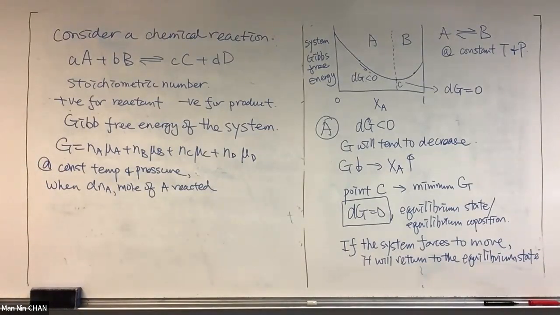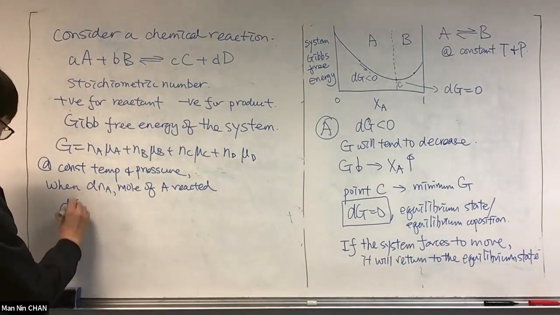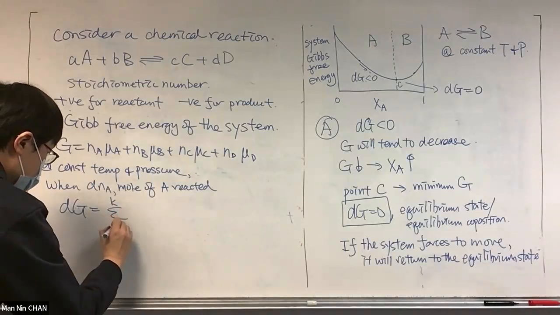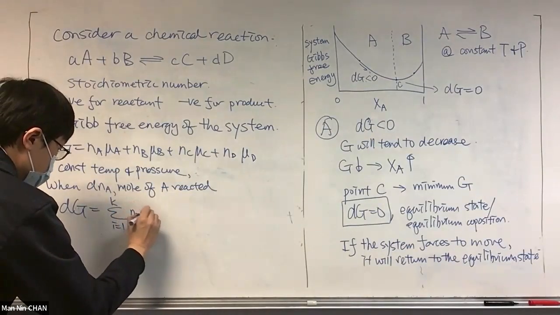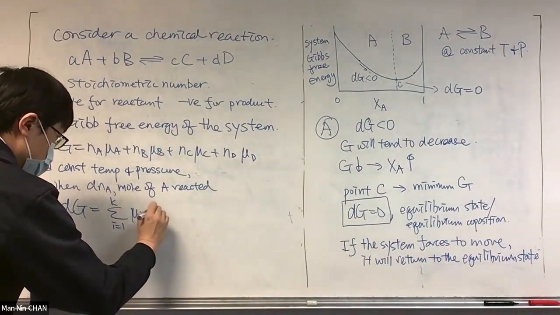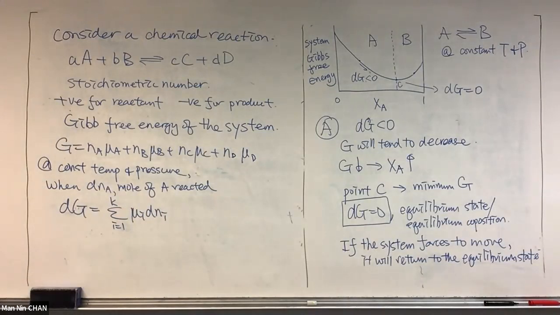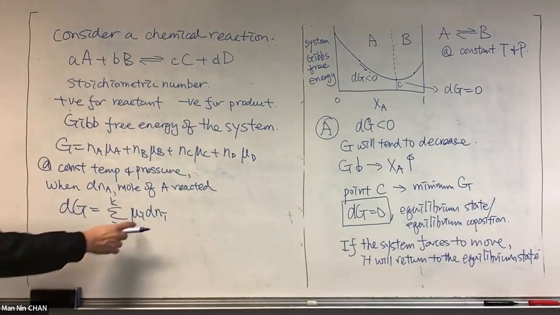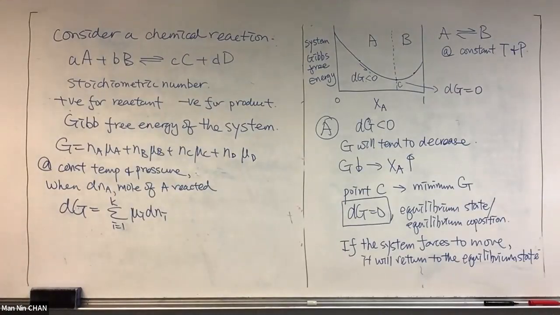Because you are looking at constant temperature and pressure, if you remember, the change in the Gibbs energy will also use this equation we showed you here. The change in the Gibbs energy of your system will be equal to the summation of all the changes in your composition and their corresponding chemical potentials. So using this equation, we can write our equation.